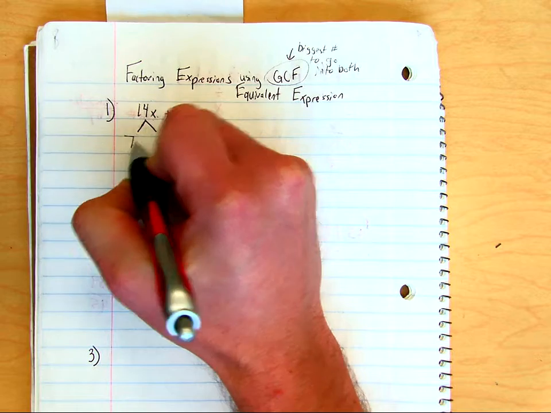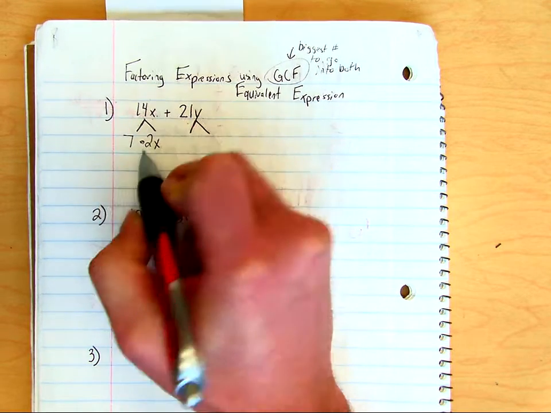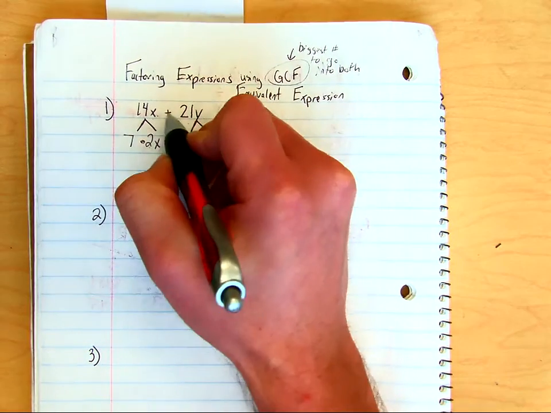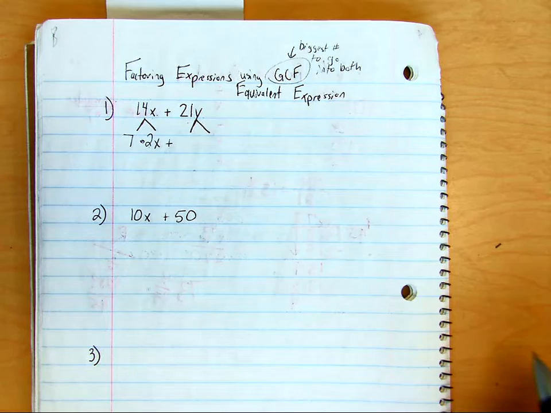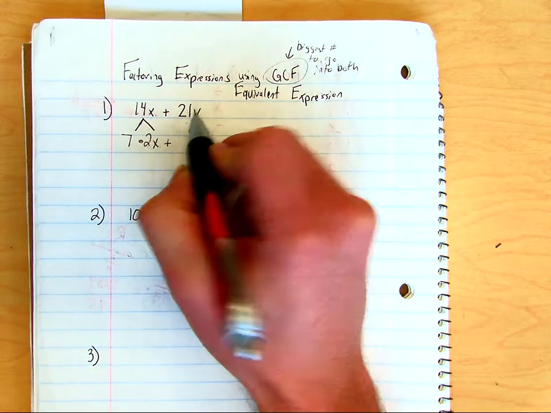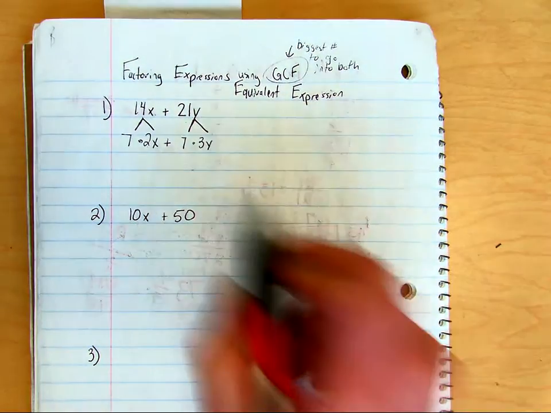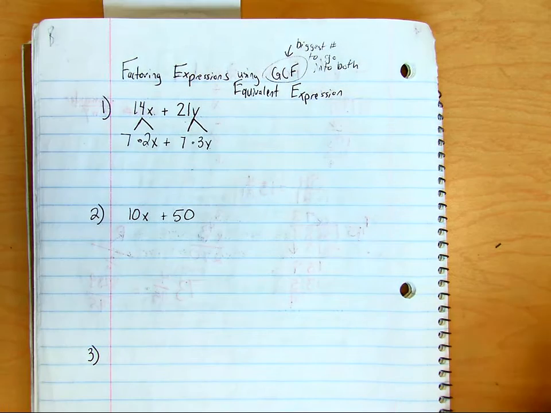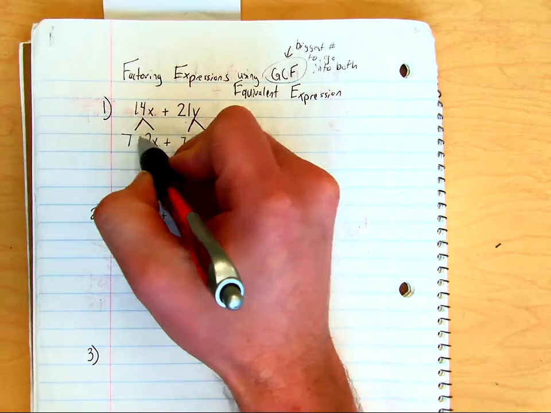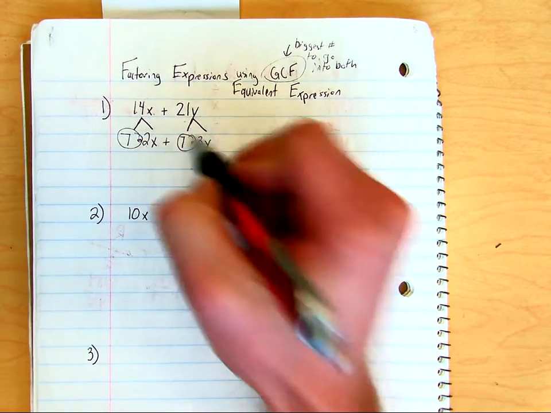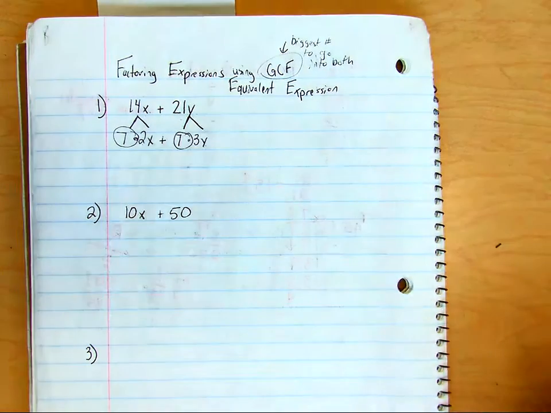14x could be 7 times 2x, because 7 times 2 is 14. 21y would be 7 times 3y. 7 times 3y is going to make 21y. Now my greatest common factor here is 7. 7 goes into both of those.